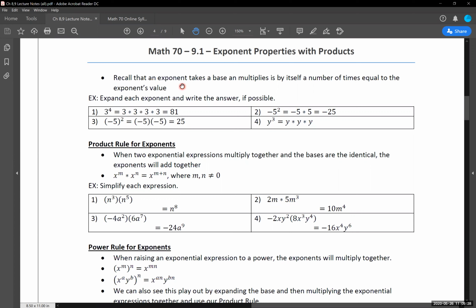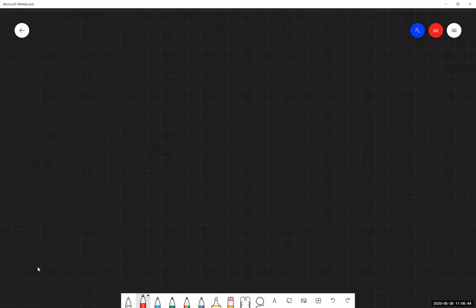So the big part that I'm going to emphasize with this, and we see it in a couple of the examples here, and I'm going to go through a few of these over on the whiteboard right now, just for the sake of seeing it, because it's important to see, is that when we are working with exponents, whether it be in this capacity or a different capacity, the biggest challenge that I see that people have to face is: what is the base of the exponent? And this primarily comes into play when we have a mix of positives or negatives or parentheses or no parentheses as we're going through these types of problems.